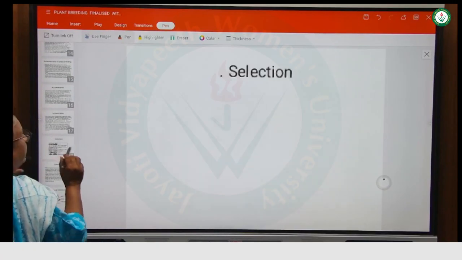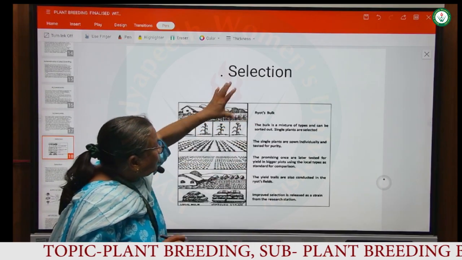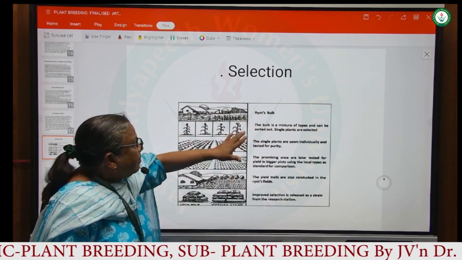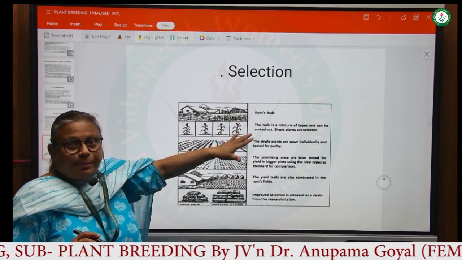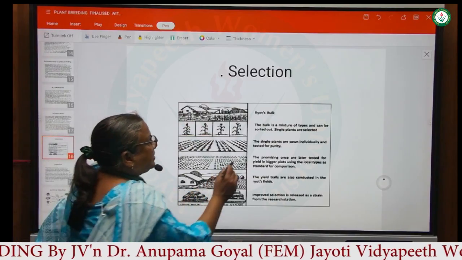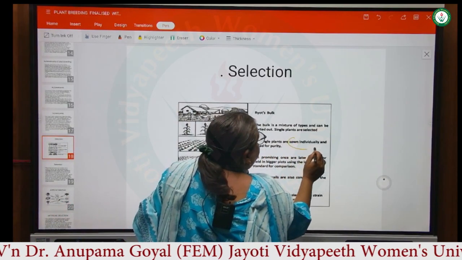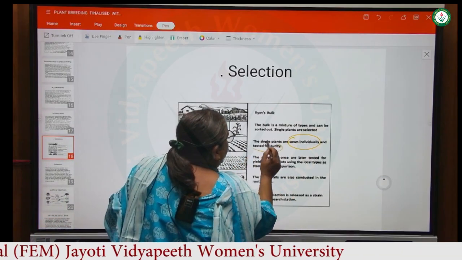First of all, this diagram shows the selection from a bulk. The bulk is a mixture of types and can be sorted out. Single plants are selected. As you see in this diagram, the single plants, when selected, are shown individually and tested for purity.